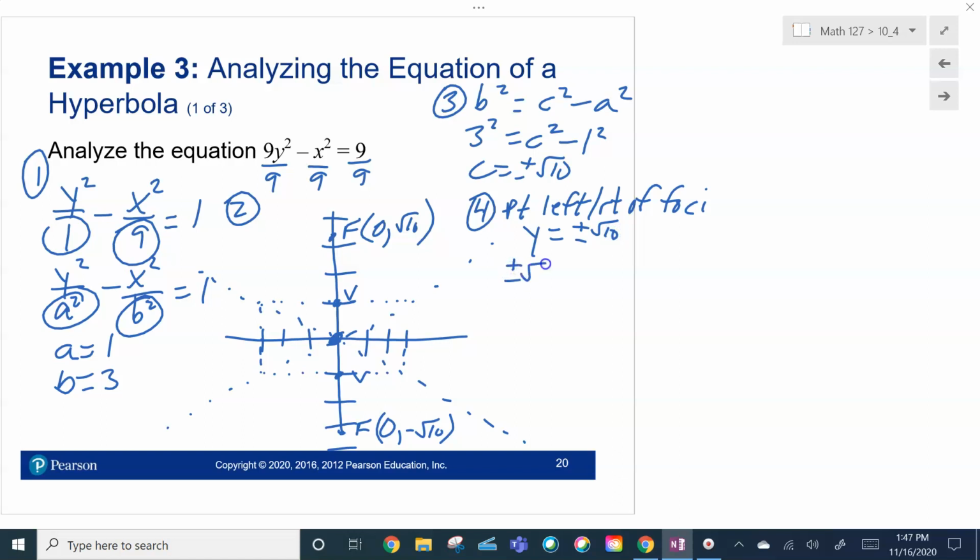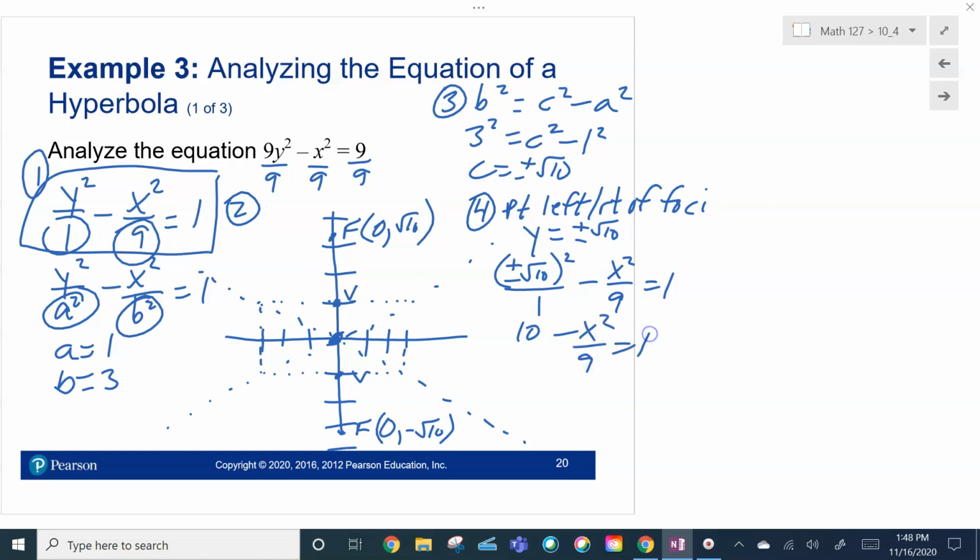So plus or minus root 10 squared, using this equation right here, over 1 minus x squared over 9 equals 1. So I got 10 minus x squared over 9 equals 1. So I got x squared over 9 equals 9. So x squared equals 81. x equals plus or minus 9.